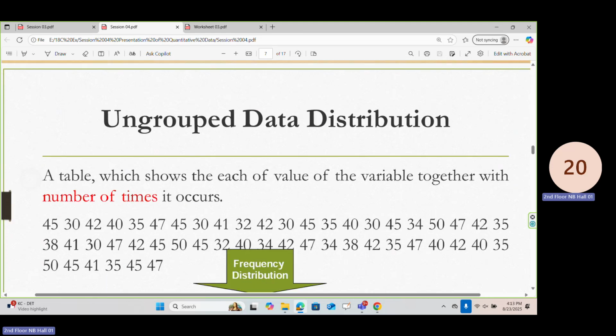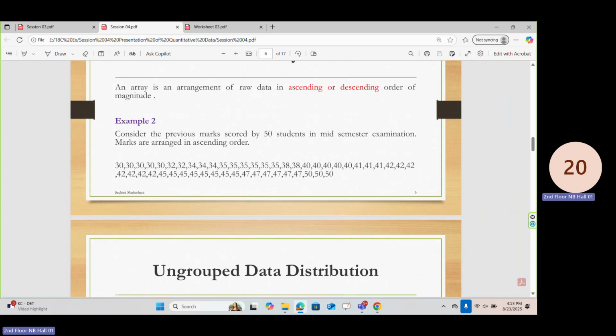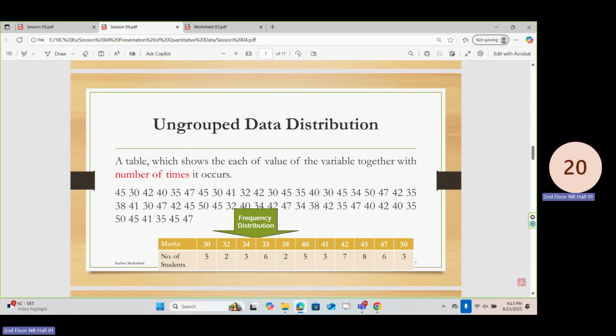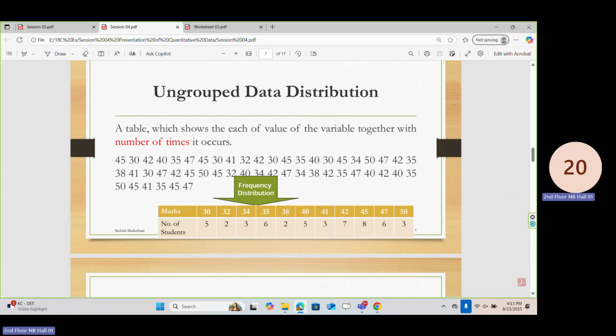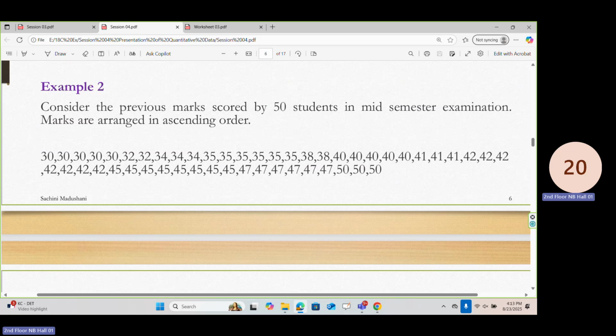Then another way we can summarize it is as an ungrouped data distribution. First we take 30. How many 30s? Five. Then we can say mark 30: how many students got 30 marks? 5 students. It's clear? Then the next one is 32. How many students got 32? 2.